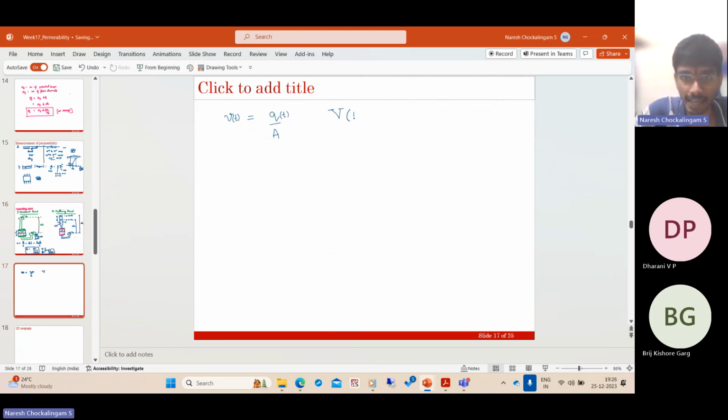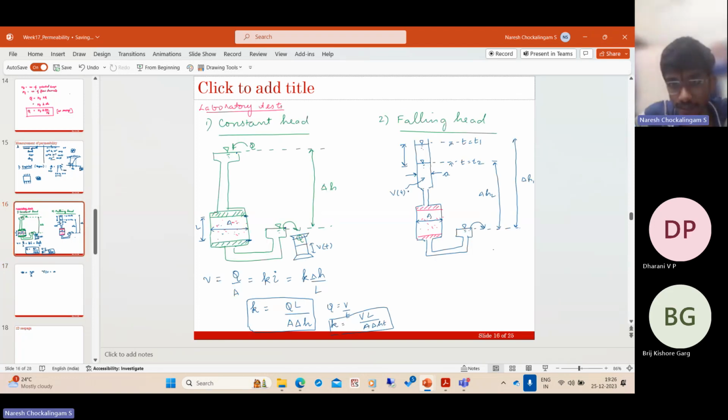So the volume at any time is equal to the area of cross section multiplied by, again, let us take the base to be at some h naught. So the volume, if you consider a cylinder or whatever prismatic thing, it is just a into delta H of time t minus h naught.